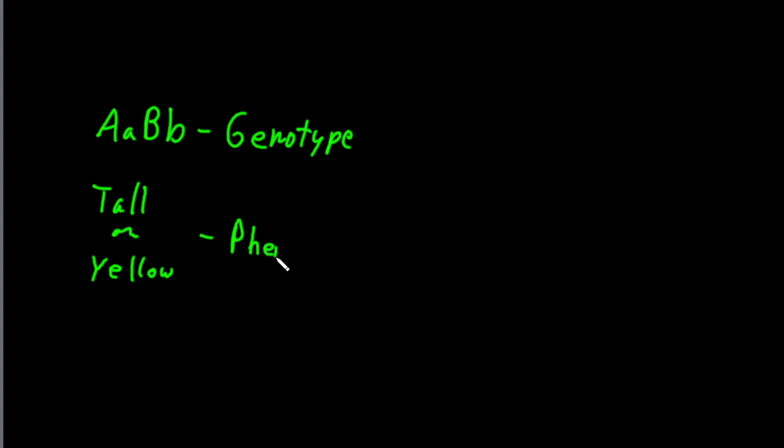Again, physical description, phenotype, they both have that f kind of sound. So phenotype, physical description, words, tall or yellow. Genotype, gene letters that tell you what information is on the chromosome. So that's genotype and phenotype. Go ahead and pause the video and fill in part B, number 1.